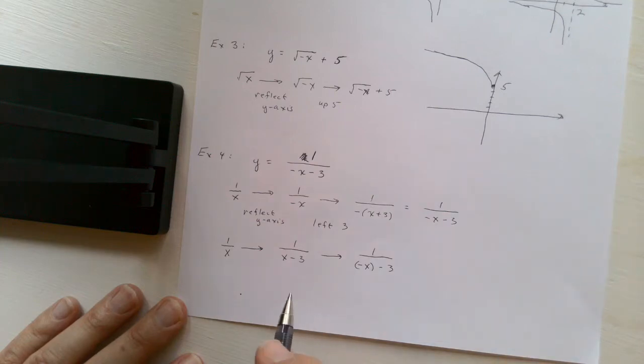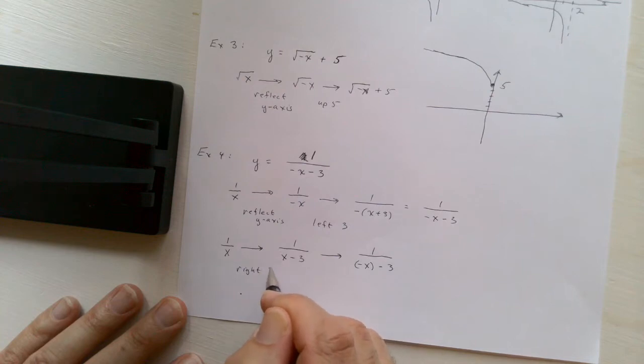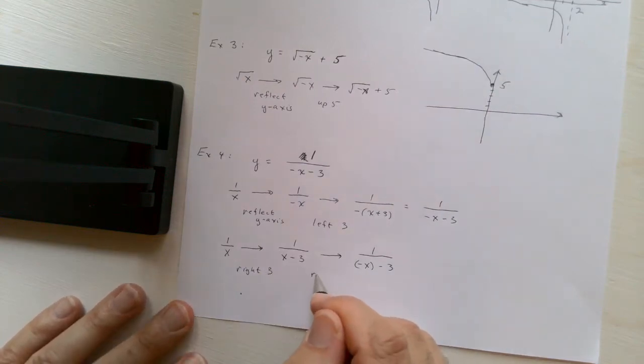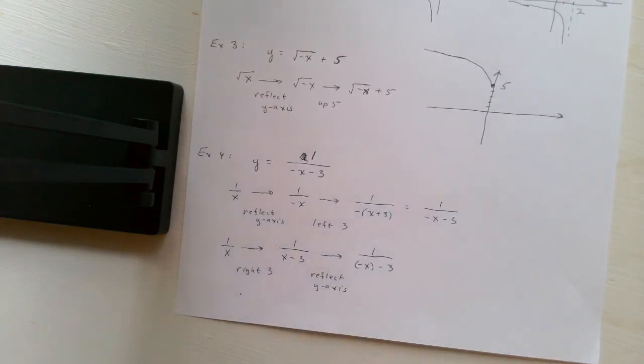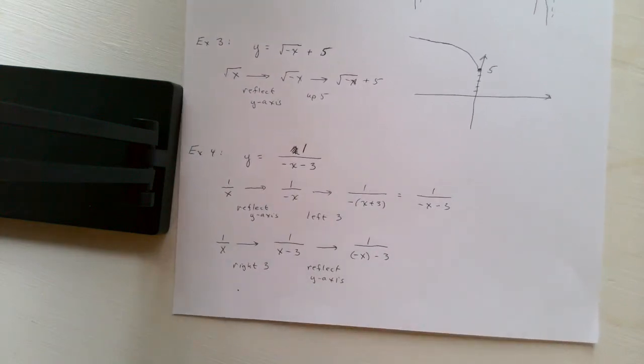And this would be a shift to the right 3 units, followed by a reflection through the y-axis. Either way, should give us what we want.